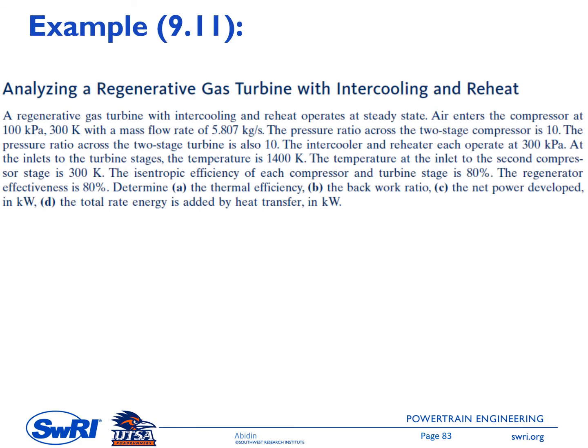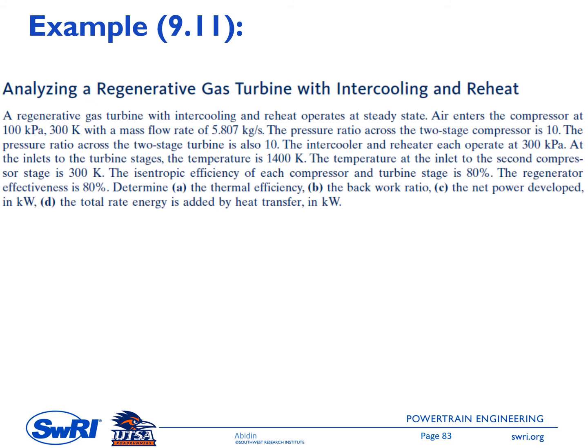Let's have a look at this example, example 9.11 in the textbook. A regenerative gas turbine with intercooling and reheat, combined together, operates at steady state. Air enters the compressor at 100 kilopascal, 300 Kelvin.